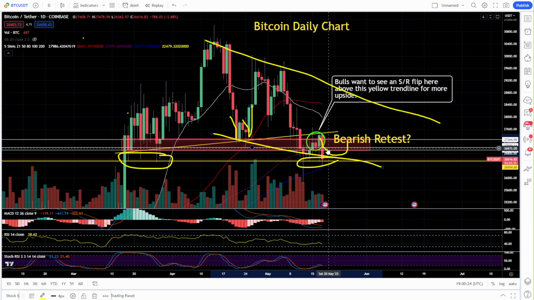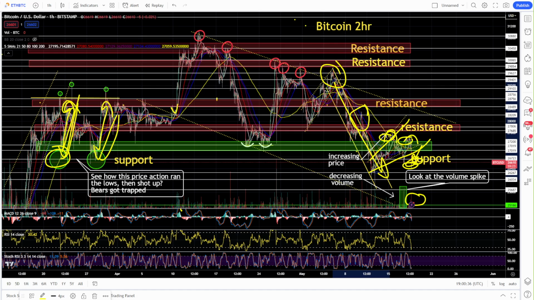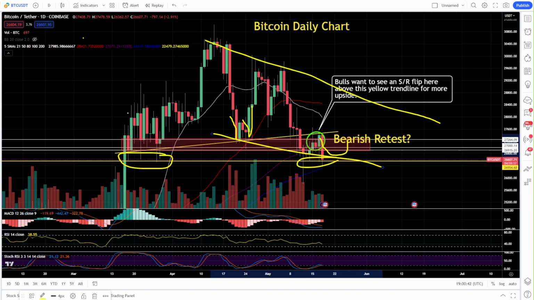Because there's so much meaning and significance where traders settle up for the week. For the day is good, but don't get stuck on the small time frames, because you're missing a lot. So always start here and then zoom in from there on all your altcoin charts.